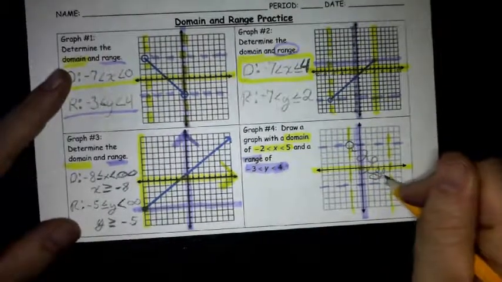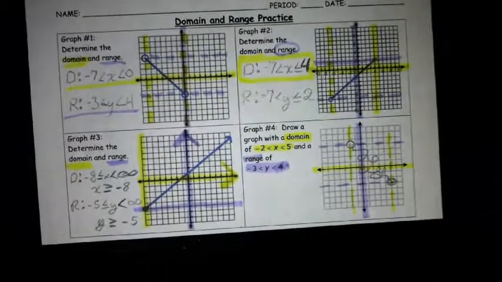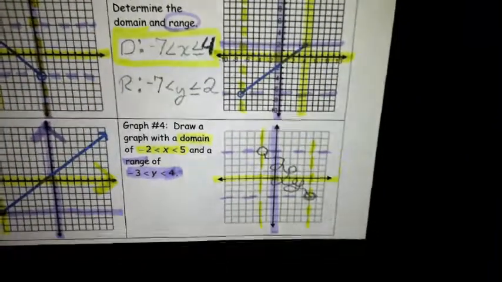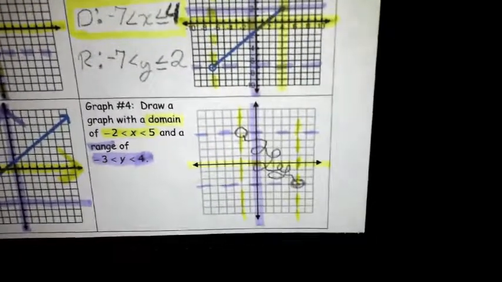Any kind of graph that you want, so long as it fits. You do not have to draw a straight line, as you can see. Any graph that just hits those points but doesn't actually touch them is going to be a graph that has that domain and that range.